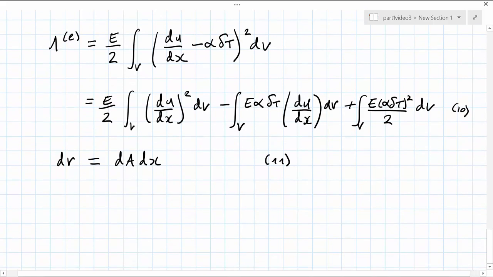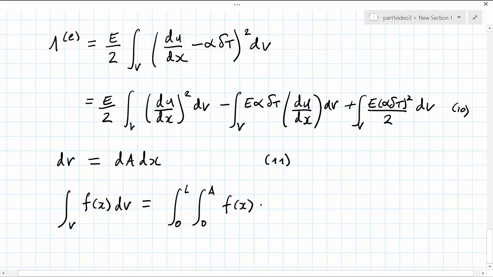Because the area is constant along the length of the element, we can say that generally, for the volume integral of a function f of x, the integral over V of f of x with respect to the volume can be rewritten as the integral over the length and the integral over the area of f of x with respect to the area and the length.